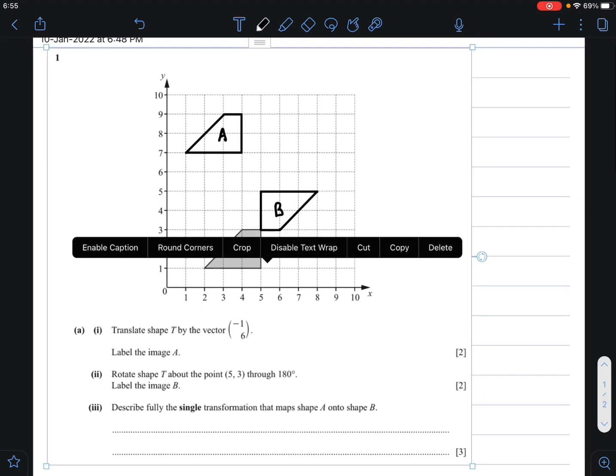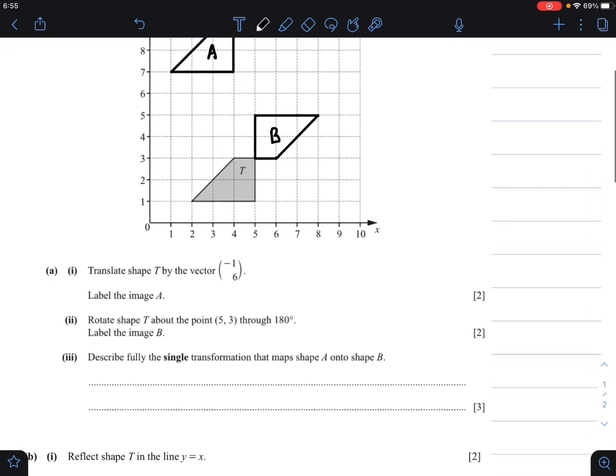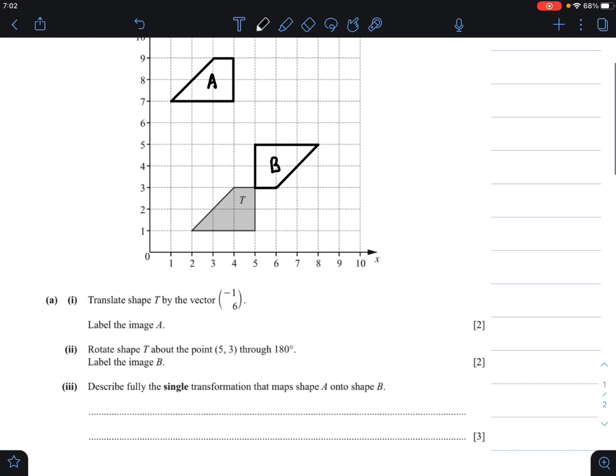Now let's move to part A3 of this question, where they've asked us to describe fully the single transformation that maps shape A onto shape B. This is pretty straightforward. You must have already realized by now that A onto B shows a rotation.